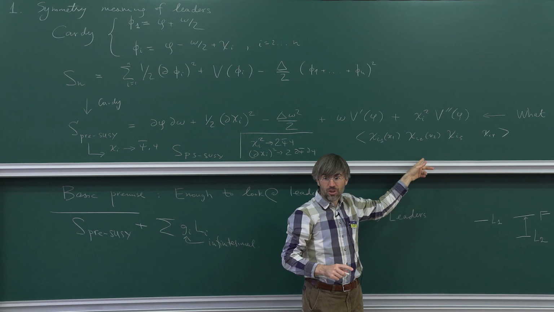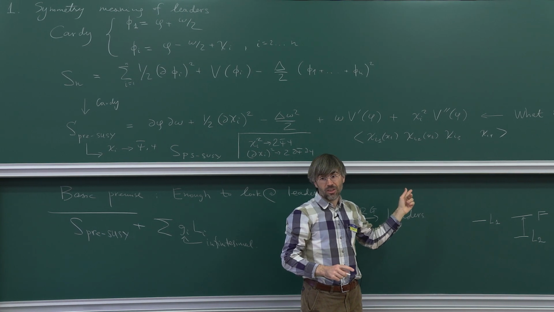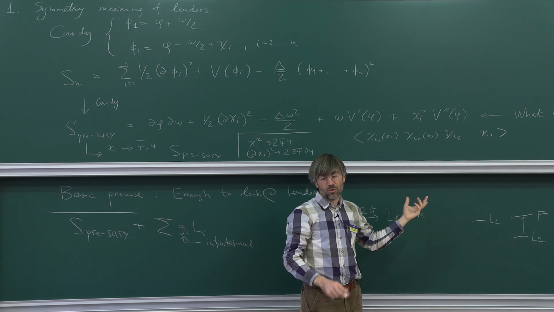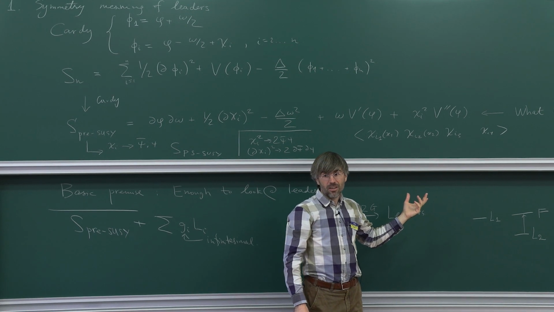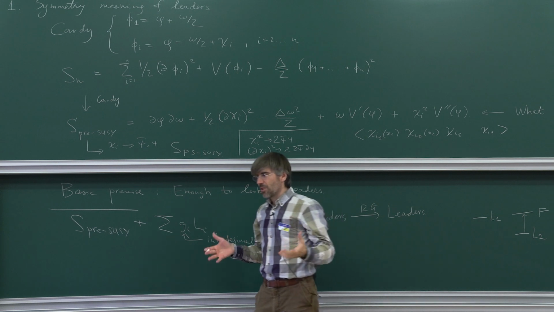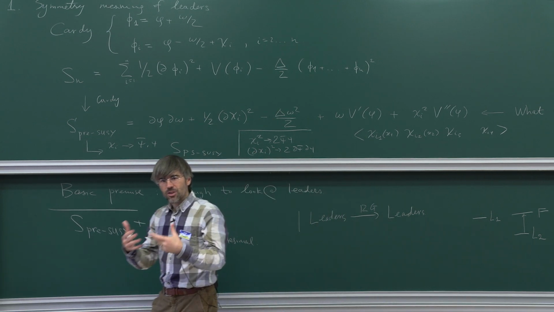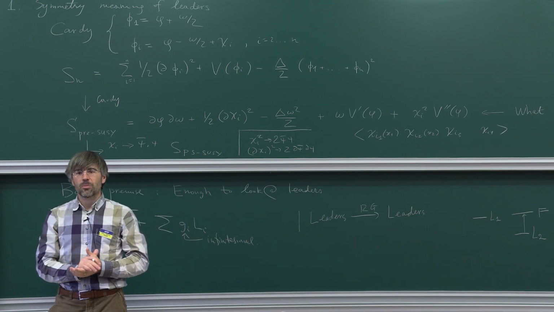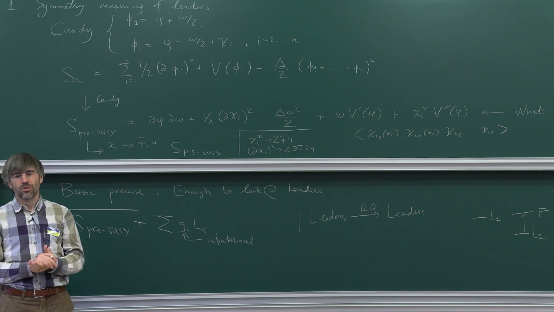This correlation function cannot be mapped to the SUSY theory and cannot be computed from the SUSY theory. So the pre-SUSY theory is richer, and the SUSY theory computes a certain subsector of correlation functions of the pre-SUSY theory.